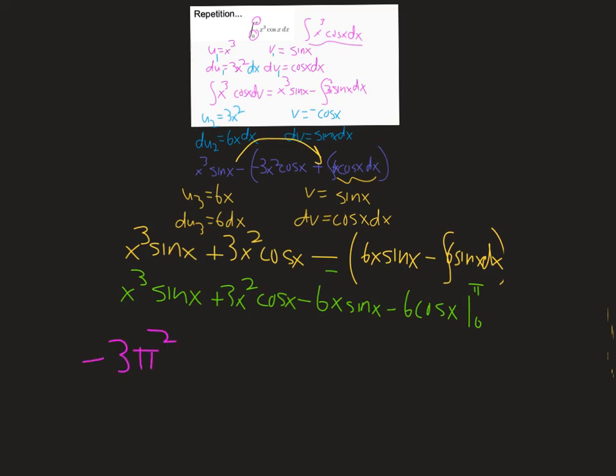Sine of pi is 0, so that goes away. Cosine of pi is negative 1, so plus 6, minus, plug in 0. Sine of 0 is 0, and I'm plugging in 0 for x, so those go away. Cosine of 0 is 1, so minus 6. So I got negative 3 pi squared plus 12.